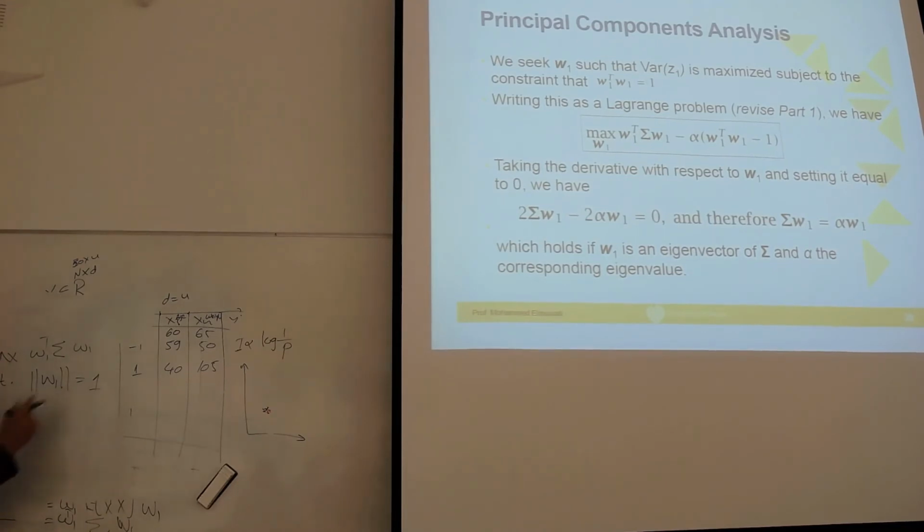Of course, the magnitude of W1 is nothing but W1 transpose times W1. So we need W1 transpose times W1 equal to 1. Then, using the Lagrange multiplier that we explained before, we need to maximize the unconstrained version of this equation, which is W1 transpose times Z times W1, minus alpha or lambda, the Lagrange multiplier, times W1 transpose W1 minus 1.